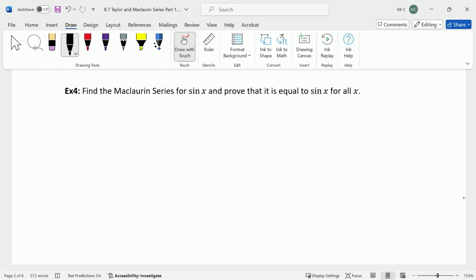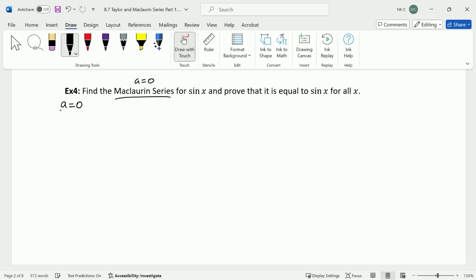Now for e to the x, it was actually pretty trivial to do this. With most functions, it's a little trickier, and we need a little bit more pattern recognition in order to figure it out. So with that in mind, we're going to set up a table to keep track of our information. Keep in mind, this is a Maclaurin series, so we're talking about a being equal to 0 here.